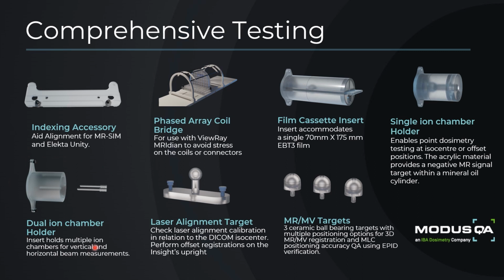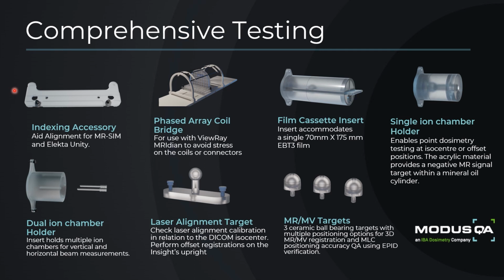In addition to the general dosimetry items, we also offer accessories specially designed for your select OEM MR Linac vendors. For example, this indexing feature here can actually be used on both MR SIM as well as the elected Unity couches to aid in alignment. The fixture will actually lock into a standard indexing bar and then house the leveling feet of the Insight Phantom base for an easier, more reproducible, and more efficient setup.